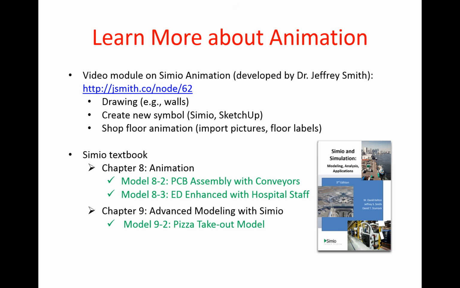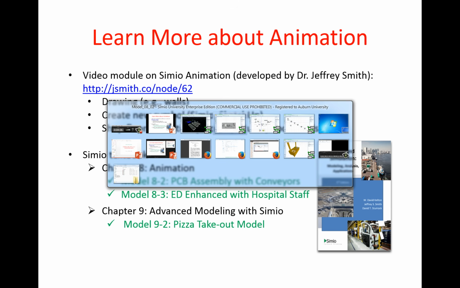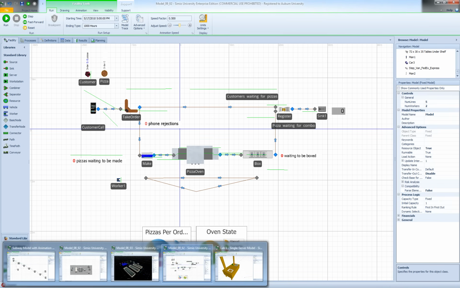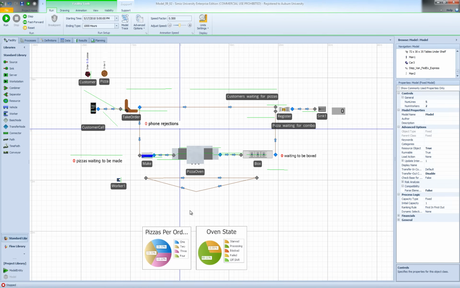There is also another model, a pizza takeout model, in chapter 9 of the textbook, where you will see different animation features, such as labels that you can see. We have tags for our customers and pizzas. So we have order number and the number of pizzas that the customer orders.